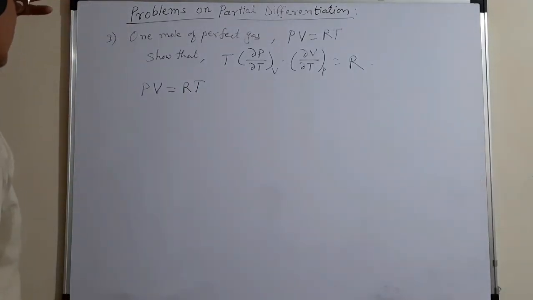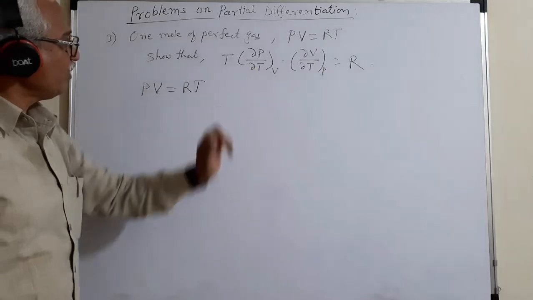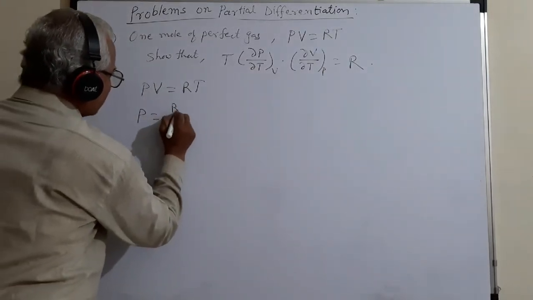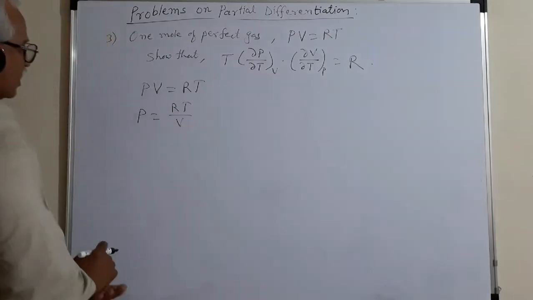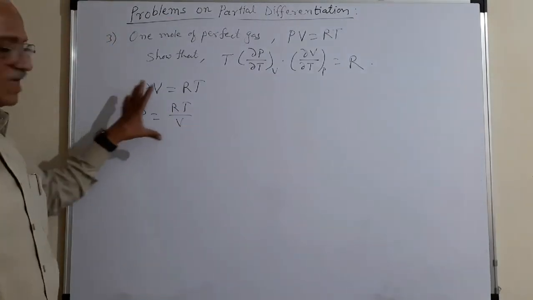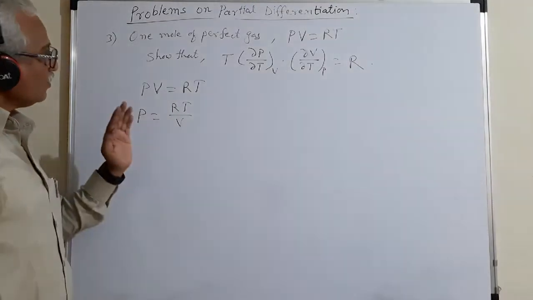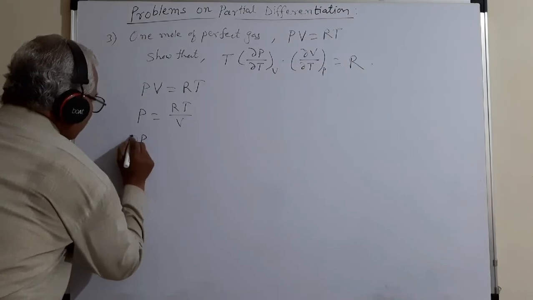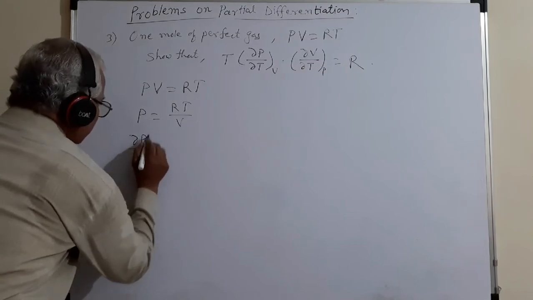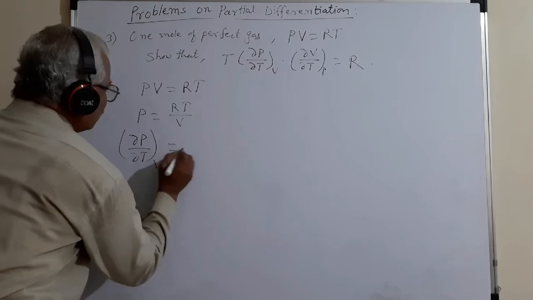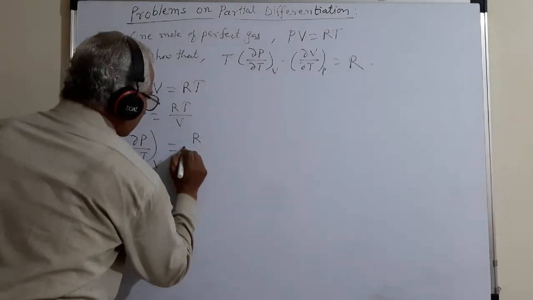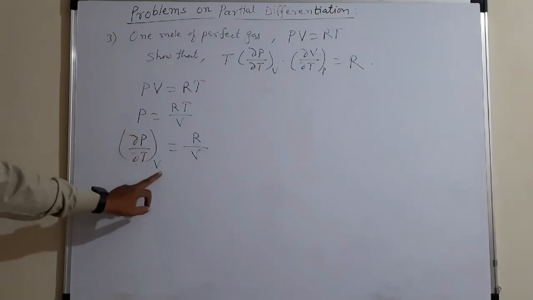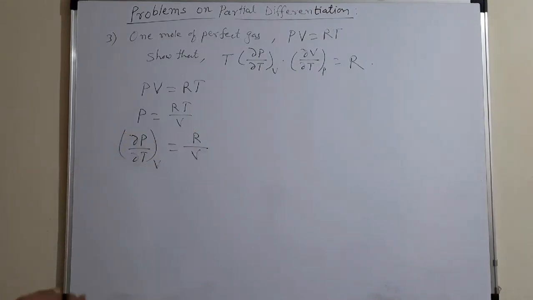So since we are interested to obtain the expression for dou P by dou T, let us express P as RT upon V. Differentiating this expression for pressure P partially with respect to T, we get dou P by dou T at constant volume V is equal to R upon V.